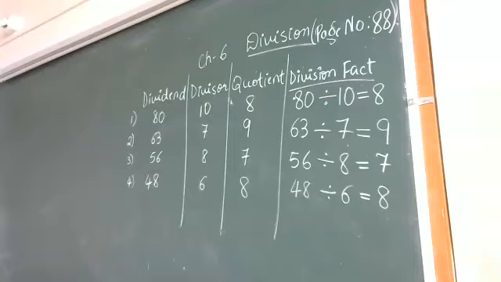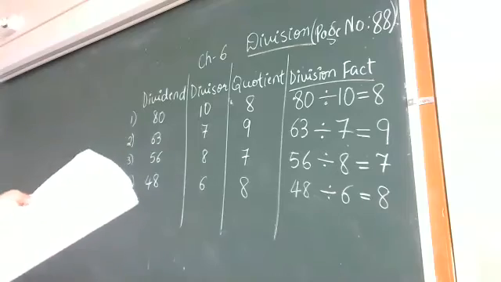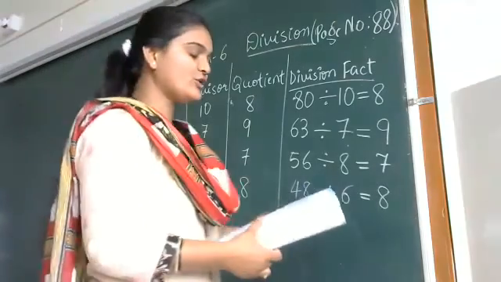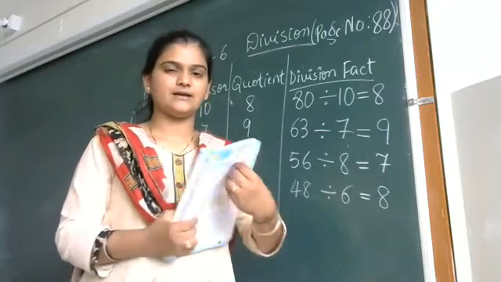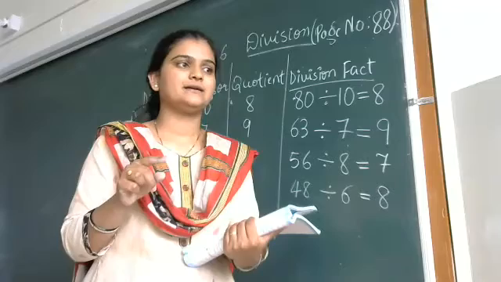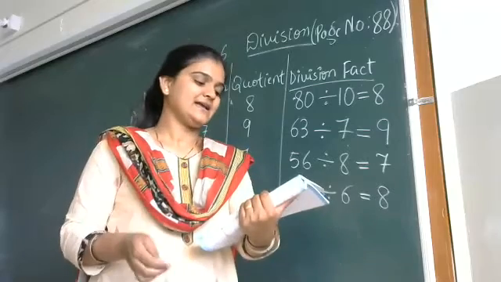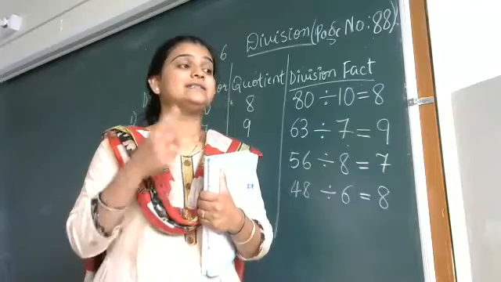So the remaining: 24 is dividend, divisor is 3, quotient is 8. What will you write as the division fact for the next numbers? 24 divided by 3 is equal to 8. Very good.